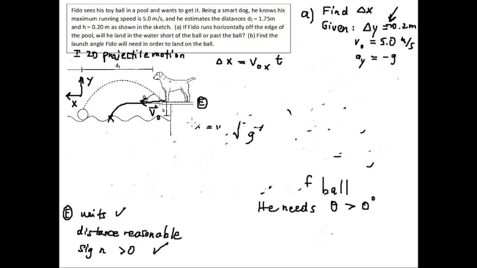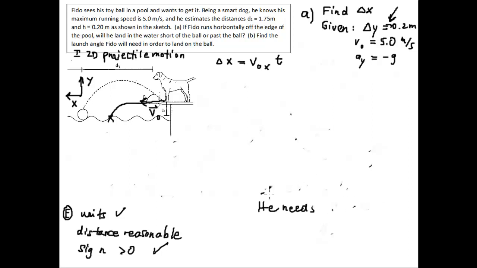In fact, we want the launch angle to be in the equations, because that's ultimately what we're trying to solve for. So let me just keep on going here with a little bit more eraser action. You might want to write down the delta y equation as you're waiting for me, because we're going to start with that again.